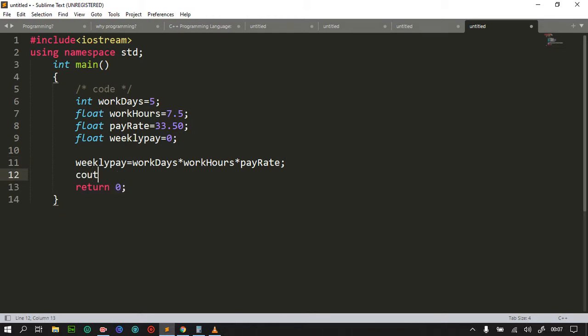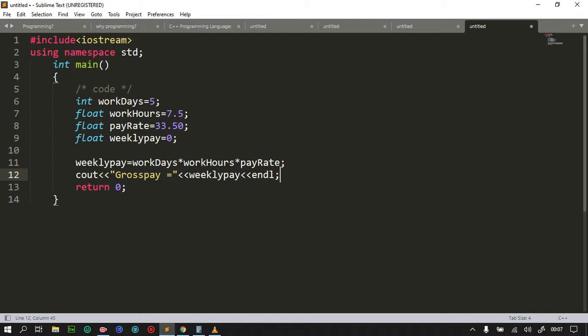So definitely we shall say cout, this was gross pay. Gross pay is, of course, we said for us we are keeping it in weekly pay. There is no harm in having an endl.